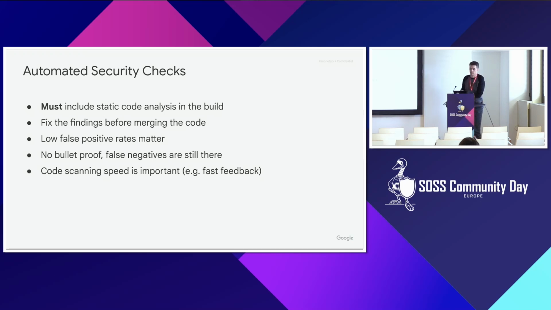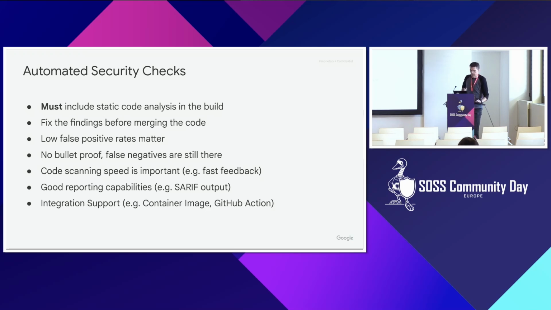They cannot wait for slow code scanners. And as I said before, it's important to have a standard to integrate. So SARIF is a standardized way to integrate, and also to provide a GitHub action or container images so that these tools can be easily integrated.